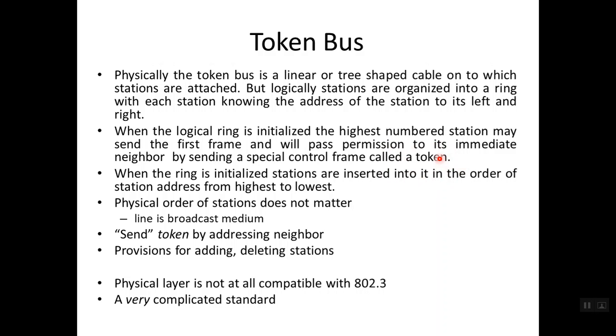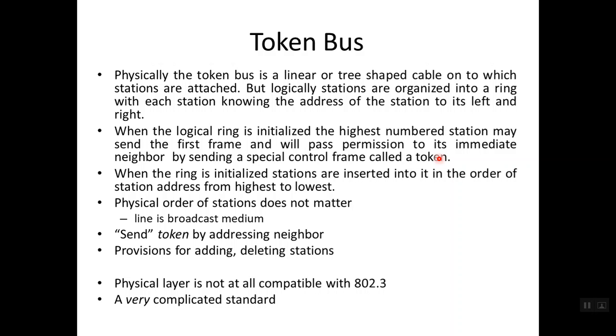A machine that has the token can only transmit data. If a station has data to send but does not have the token, then it cannot transmit and has to wait until it can capture a token in the network. So a station with a token can only transmit data.